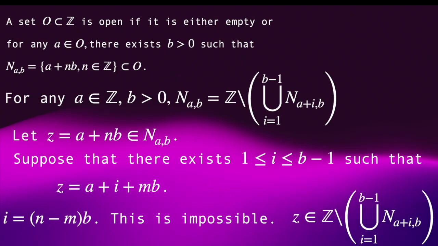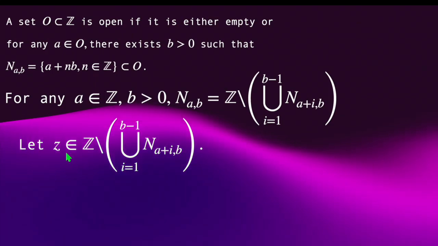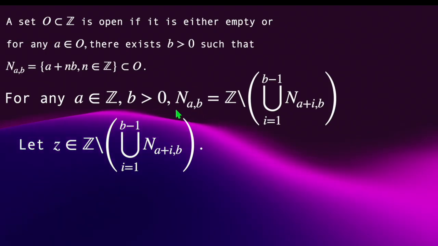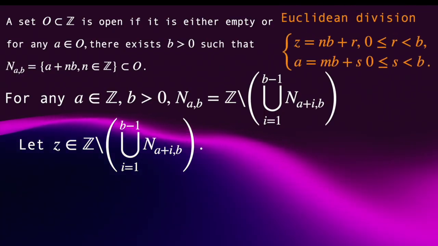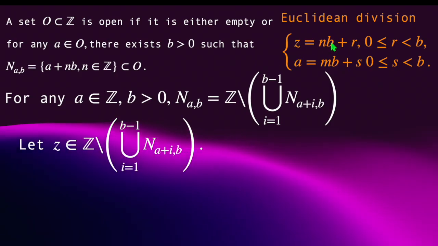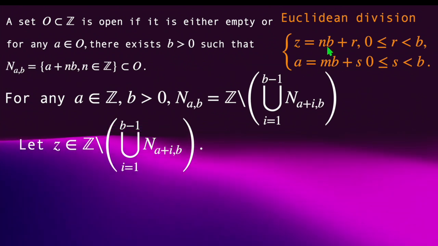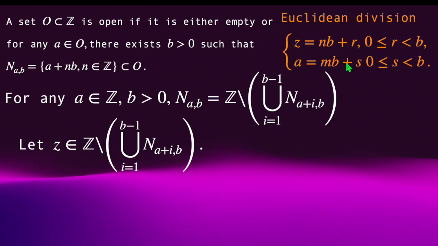The converse is a little bit tricky. So if we take Z in this set, we will show that Z is actually in NAB. So first we perform the Euclidean division of Z by B and of A by B. So Z is equal NB plus R, where R is less than B, and the same here.